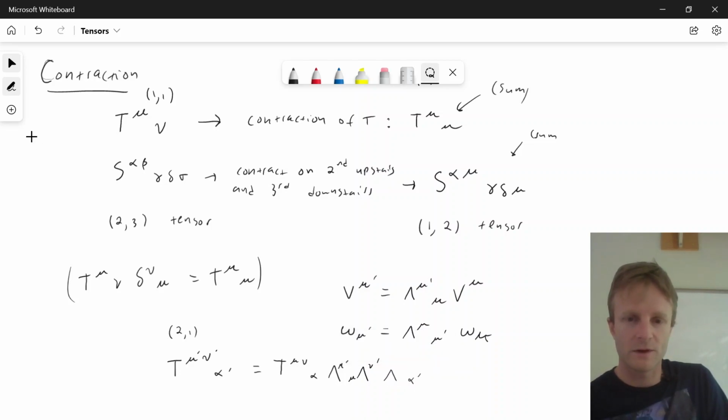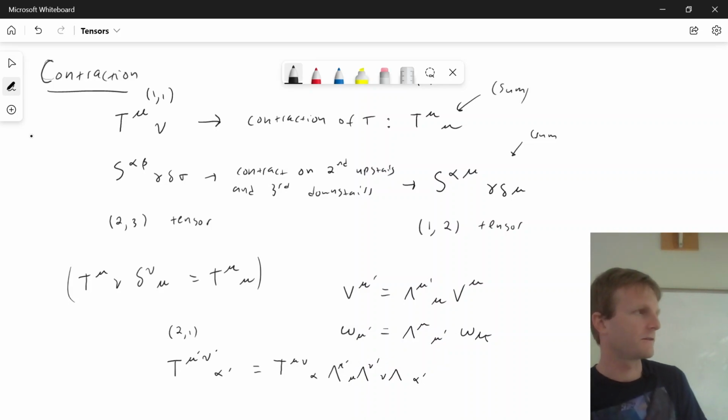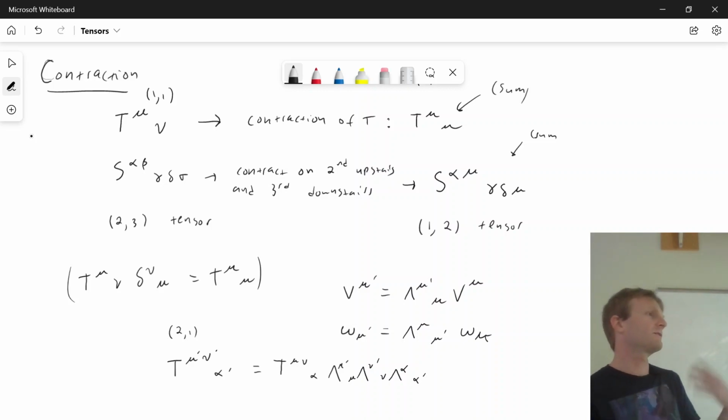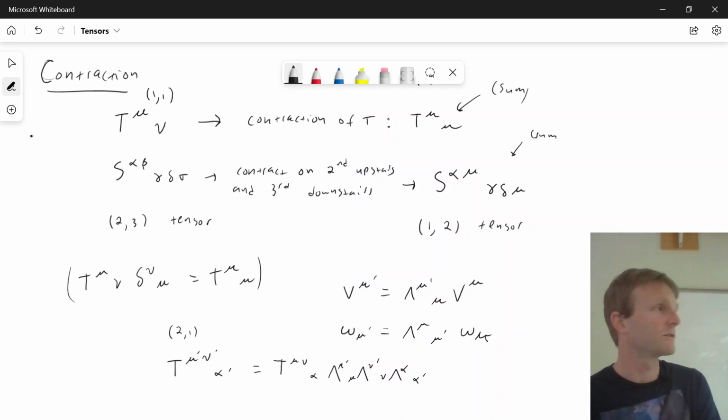You might reasonably wonder why I'm doing that, since I've emphasized that upstairs and downstairs are really very different things. Vectors and dual vectors are really very different. Well, shortly, we are going to introduce a metric, and a metric is going to give us a map between upstairs and downstairs. And so we really do need to keep track of this one is up and in the first slot, and this one is down and in the second slot. We can't just write them on top of each other.